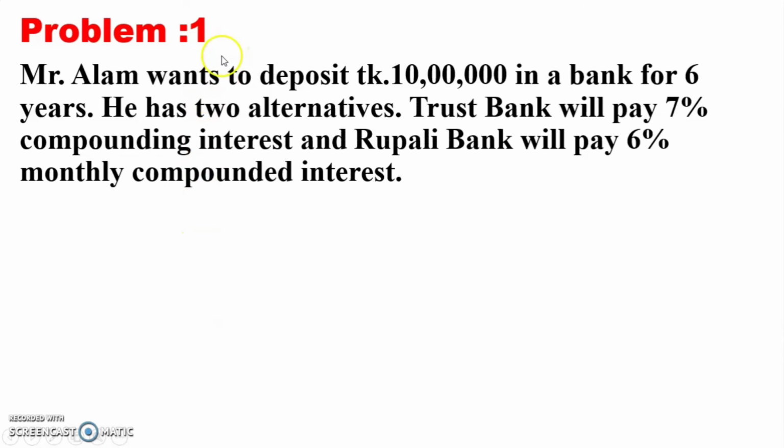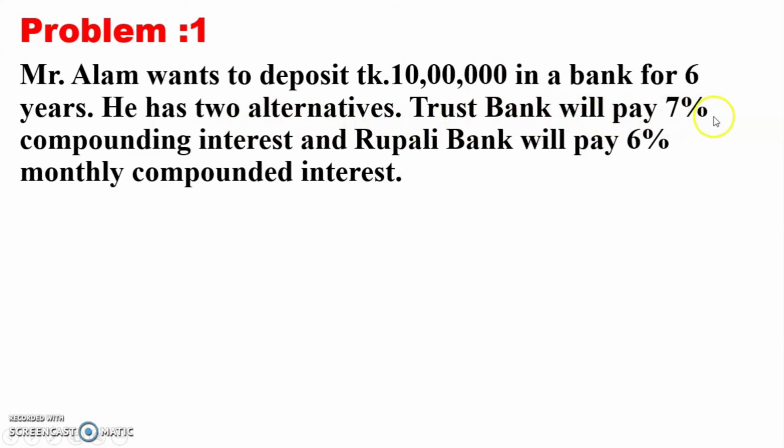Now we will see a problem of these formulas. Problem number 1. Mr. Alam wants to deposit taka 10 lakh in a bank for 6 years. He has two alternatives.